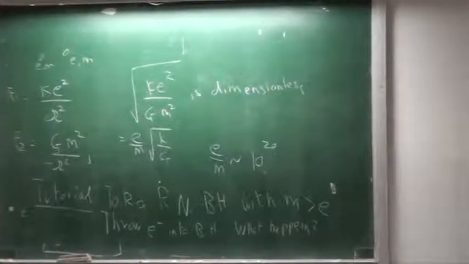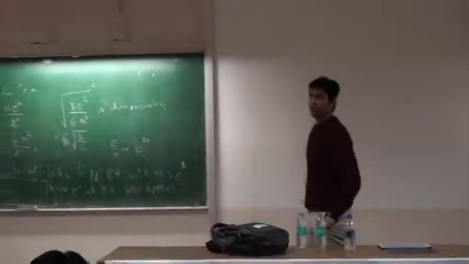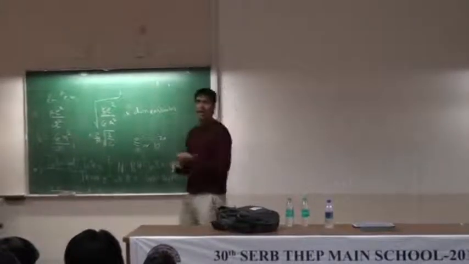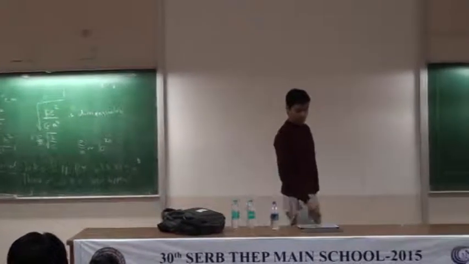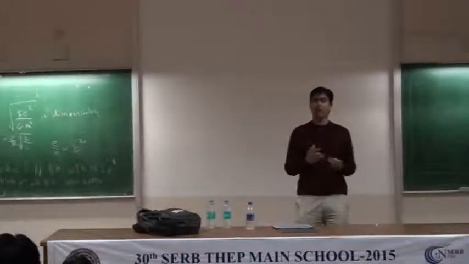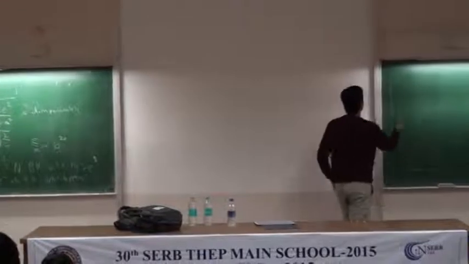Okay, so now at the end of yesterday's lecture, I mentioned the no-hair theorem. The no-hair theorem is a statement that if you look at asymptotically flat spacetimes and you demand that these spacetimes are stationary, then the most general solution you can find is a charged rotating black hole.